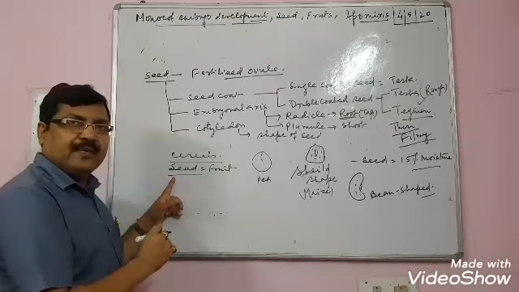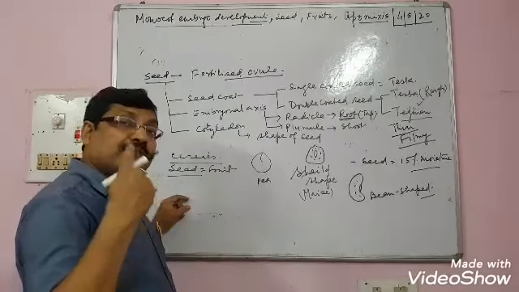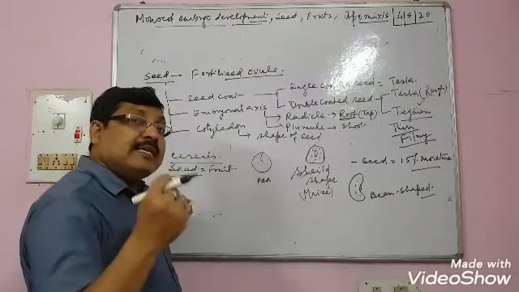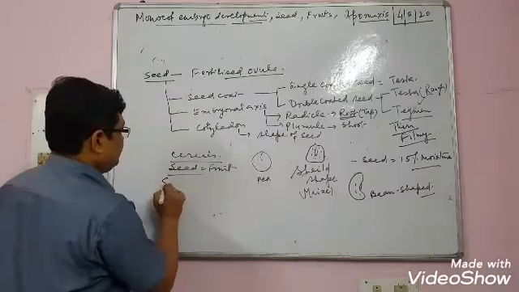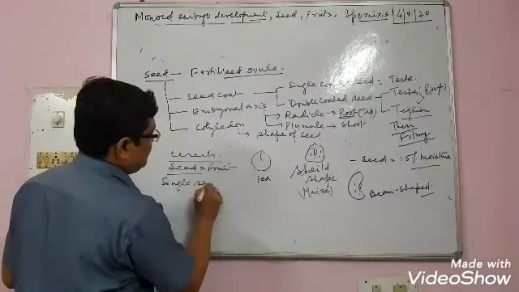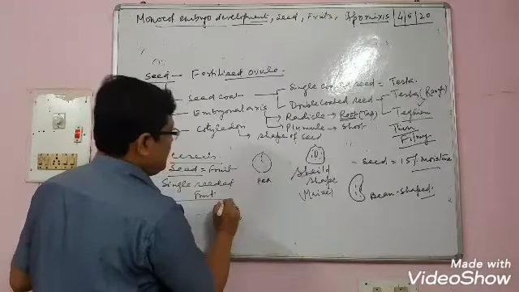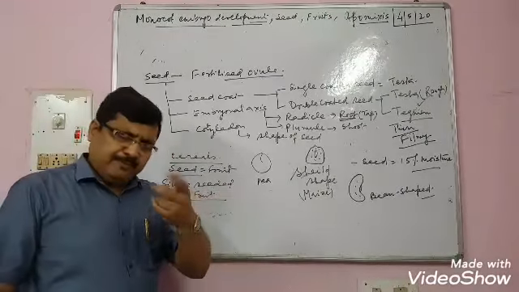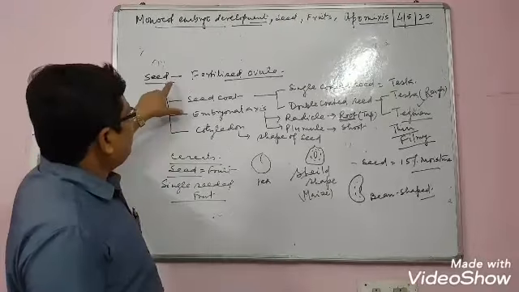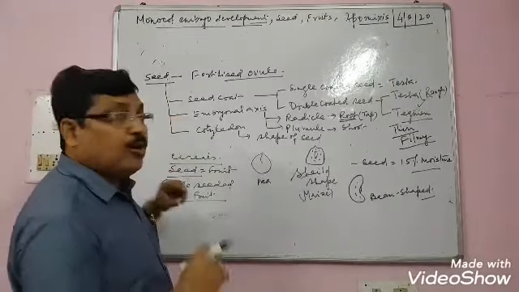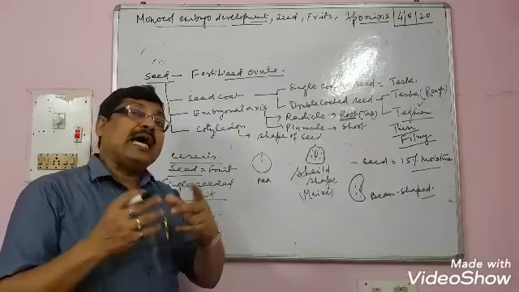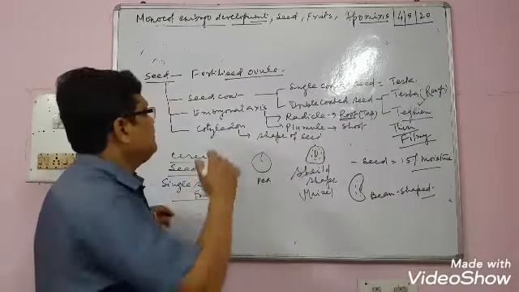So that's why in case of cereals, in case of caryopsis, that is the single seeded fruit. So this is the brief idea, and on the basis of structure and on the basis of presence or absence of endosperm.